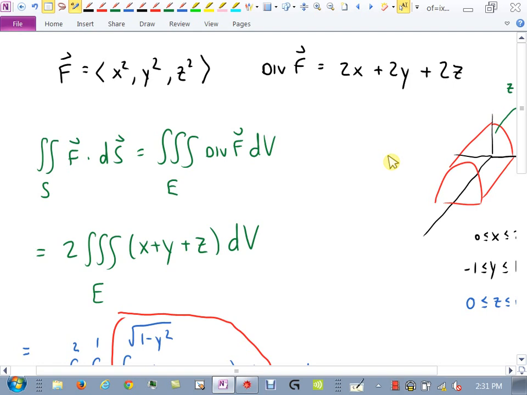Anyways, the major focus of this final exam is going to be chapter 13. Everything else you've had a mini exam over, right? And like this was a triple integral in here.